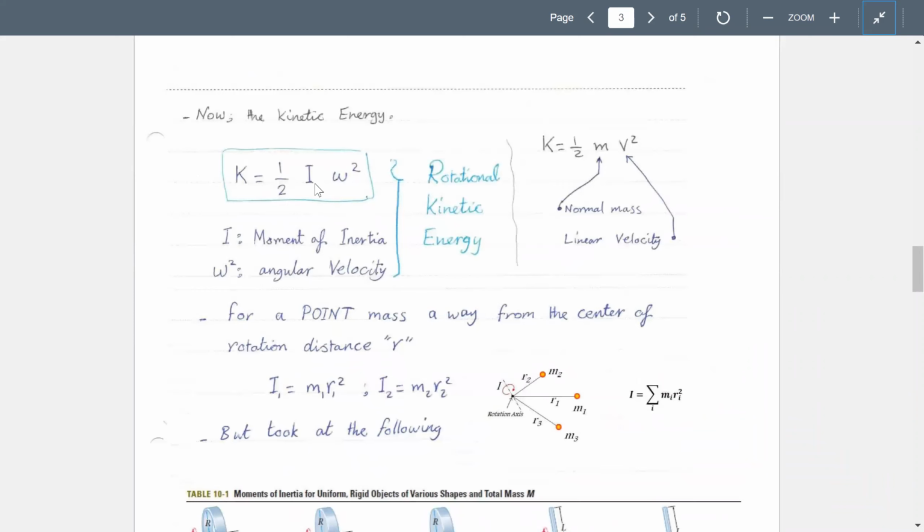It is 1/2 I omega squared. This is the rotational kinetic energy. Okay? It is in the same picture. It was 1/2 mv squared. m is the mass in linear motion, like you see here, which is the normal mass. And the velocity, it is the linear velocity. Now we will deal with the rotational motion kinetic energy.